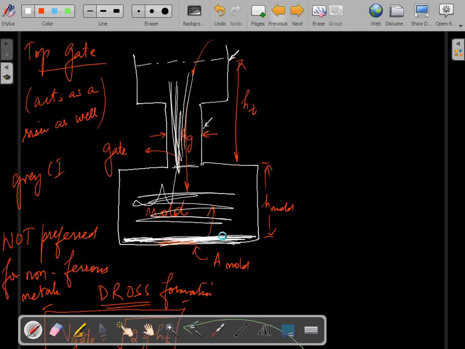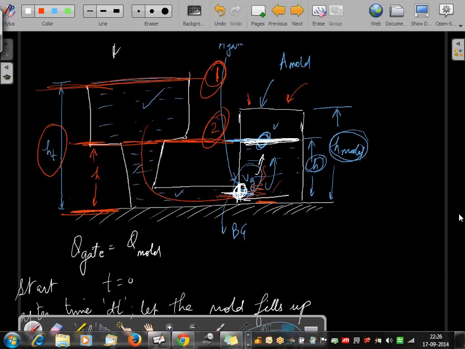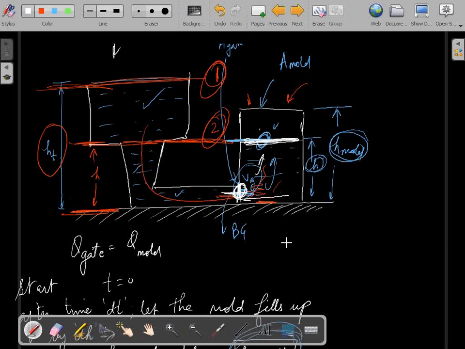In case of bottom gate, it will start solidifying at the top, because there is heat coming in from the bottom. As you go up, it will lose heat much more rapidly compared to the bottom, because at the bottom you have a constant supply of hot liquid metal. So in this you will have solidification from top to bottom, and in top gate you will have it from bottom to top. I hope this is clear to you.